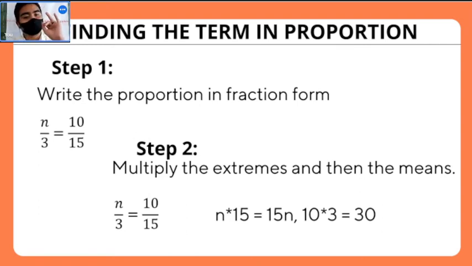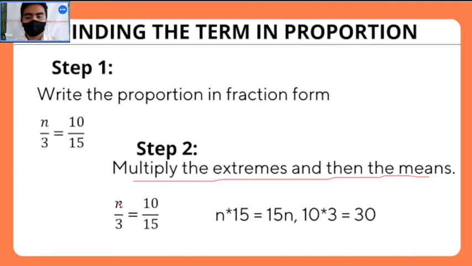Isn't it that we have three methods? The first method is by cross product. The second method is simplifying the ratios. Next is, what's the next? By the product of means and extremes. And this is the one we are going to use.